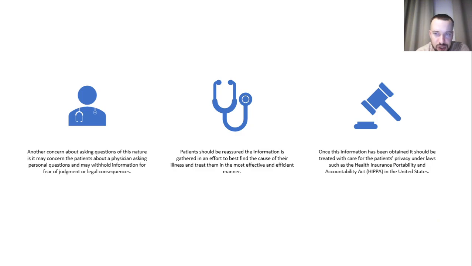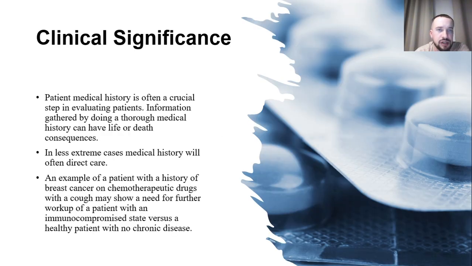Once this information has been obtained, it should be treated with care for the patient's privacy under laws such as the Health Insurance Portability and Accountability Act in the United States, for example. Clinical significance. Patient medical history is often a crucial step in evaluating patients.